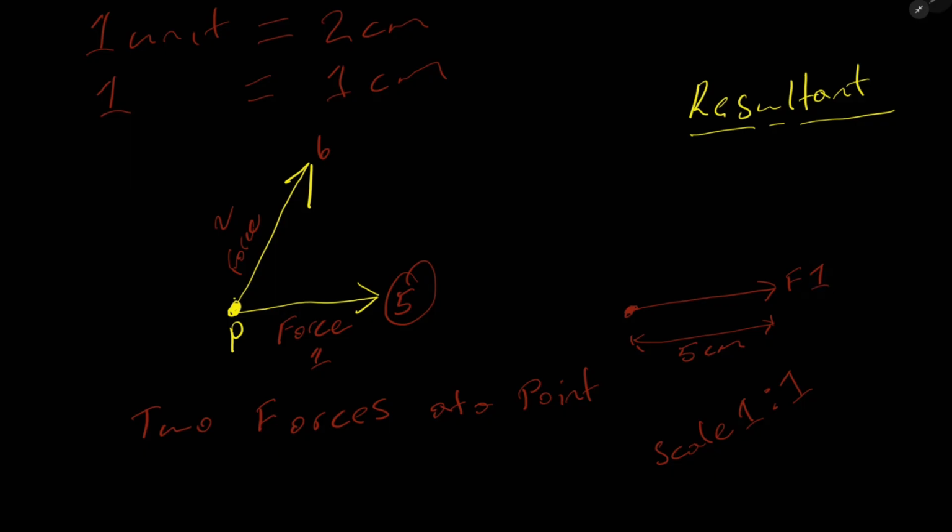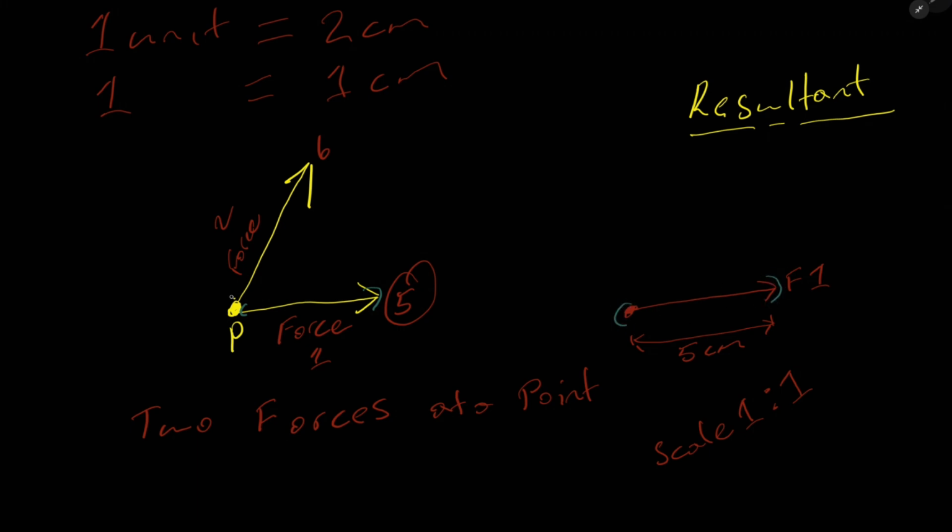Then we will connect the start point. Once we have the first force, we're going to draw the second force, and it is going to be coming from the end of F1.